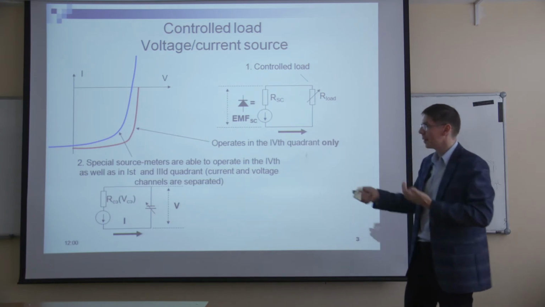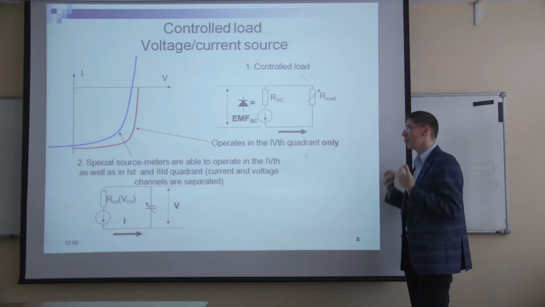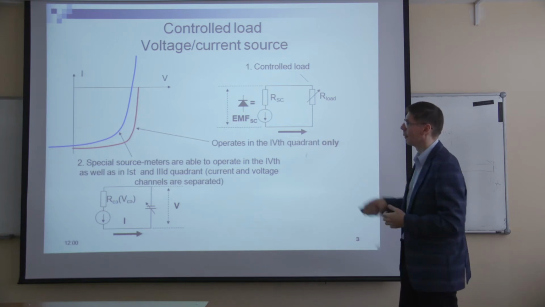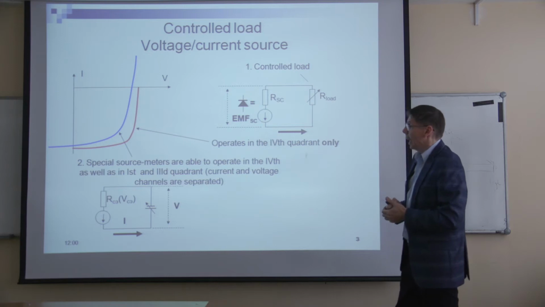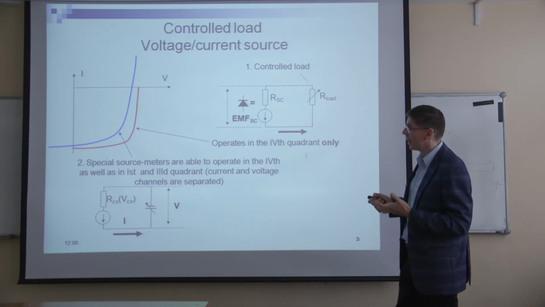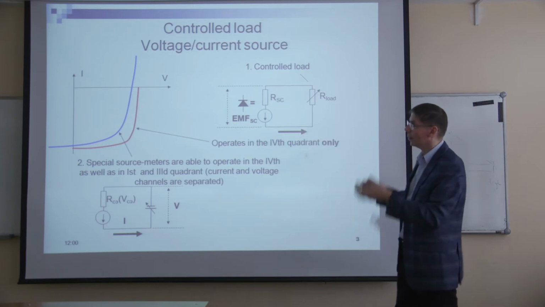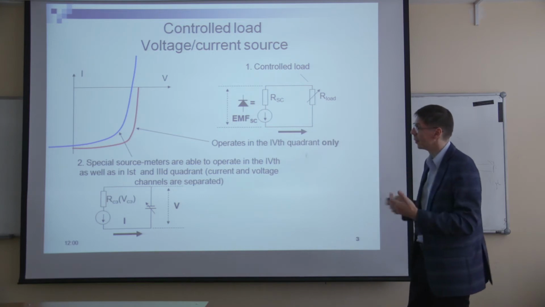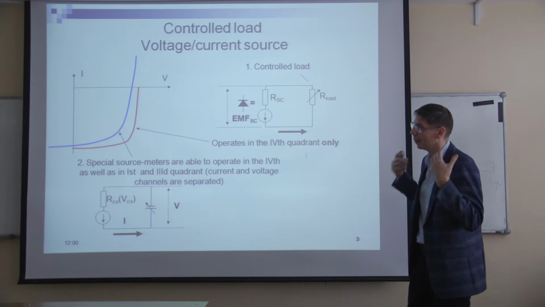So it's actually the main idea of these source meters for measurement in the fourth quadrant. In this case you can easily go up to positive current and negative voltage without any problem, and get more information.